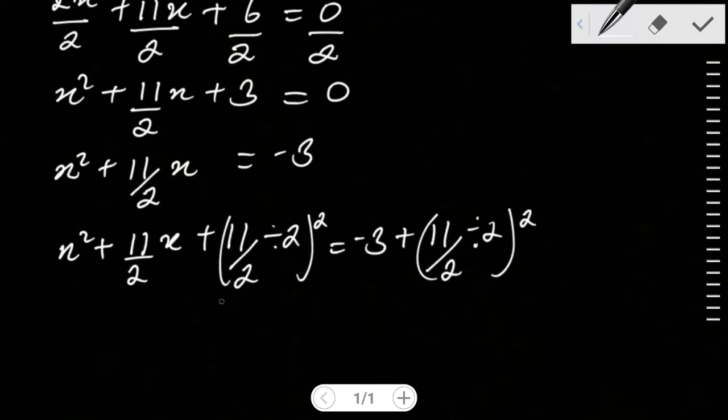So what you do is you add it on both sides independent of the sign that's here. You always add, even when there was a negative here, you would have added on this side and this side.